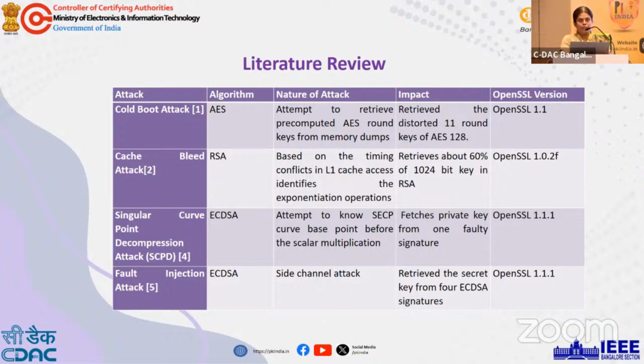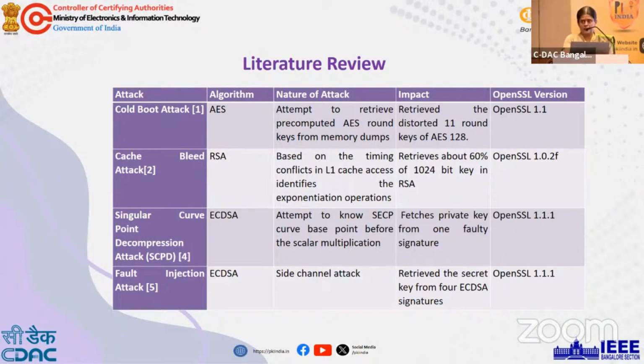Based upon the timing of level 1 cache access, since RSA is a modular exponentiation operation and exponentiation is a high power consuming operation, it retrieves about 60% of a 1024-bit RSA key.